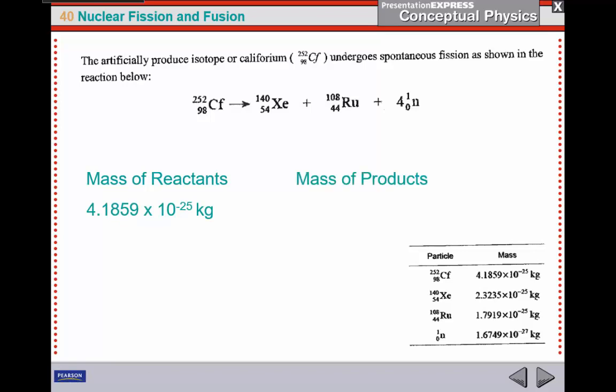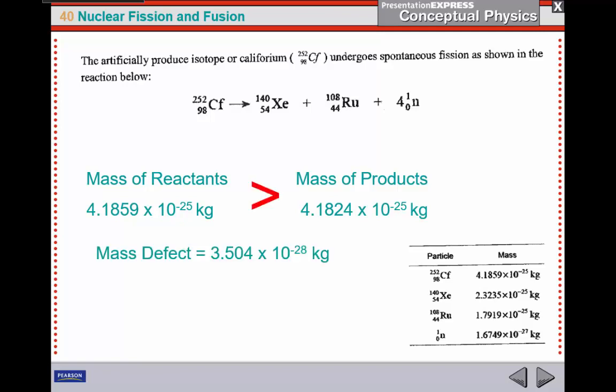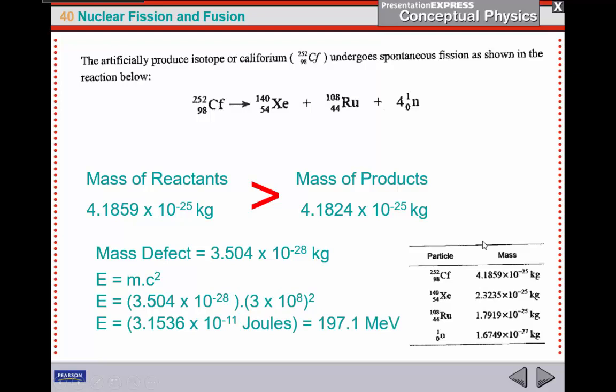The mass of your products is going to be 4.1824 by 10 to the minus 25. So you've got a mass defect of 3.504 by 10 to the minus 28. Put that into the equation, and that gives you about 197.1 mega electron volts. So it's a pretty simple process to use that equation to work out the energy of something.